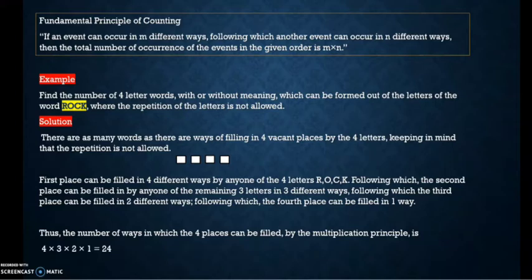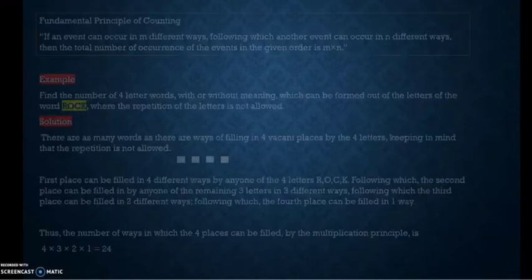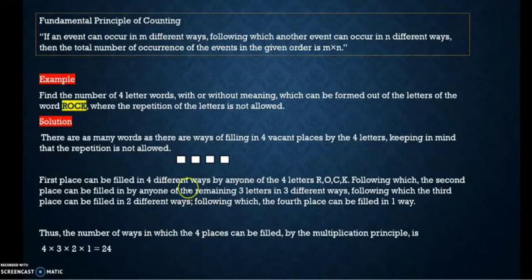The idea is you just start choosing each place. Say the first place of the word. Here I have four letters, R-O-C-K.